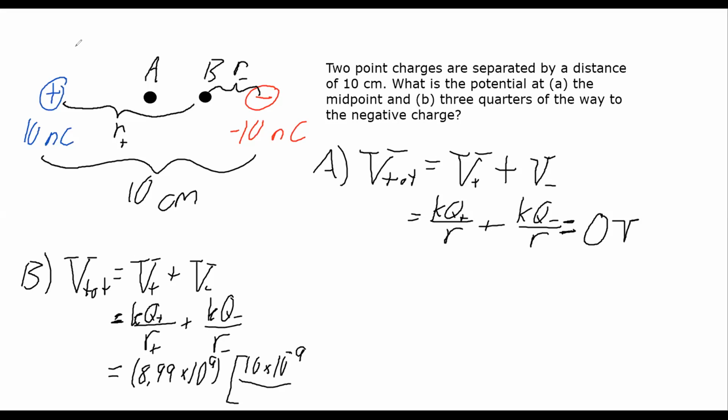Now that distance, we're talking about 3/4 of the way. So that doesn't turn out to be, what's that, 30 divided by 4?